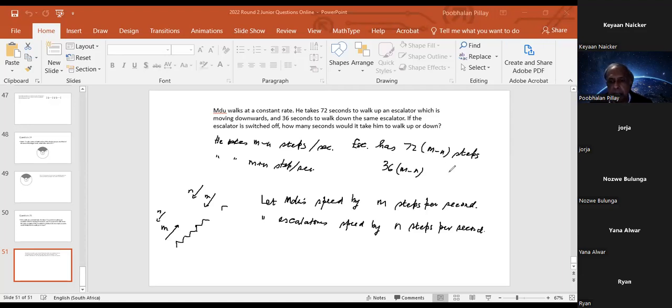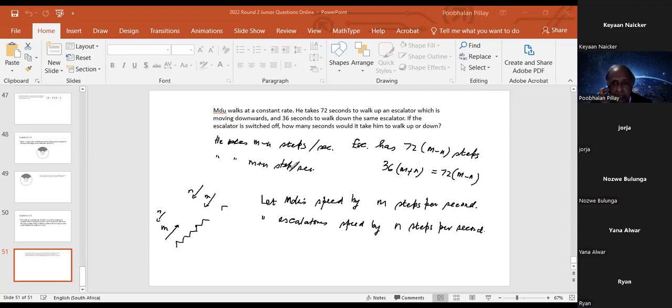So now you got an equation. So 36 into this, m plus n, is equal to 72 into m minus n. Because in both cases, this is the number of steps, right?